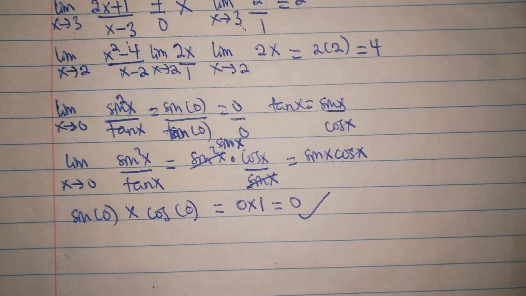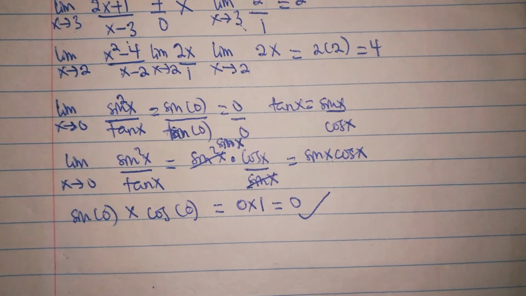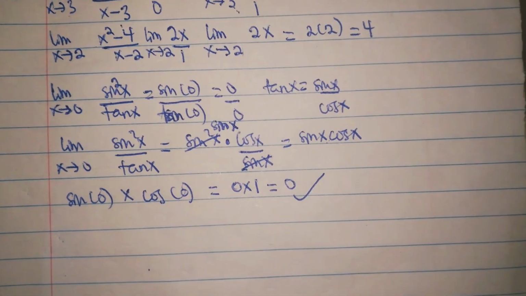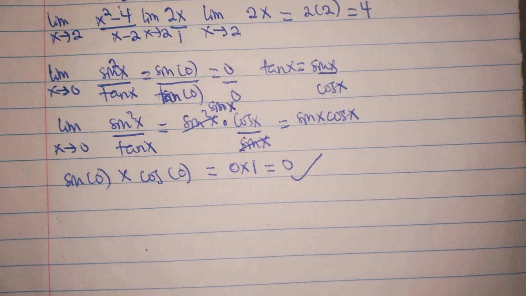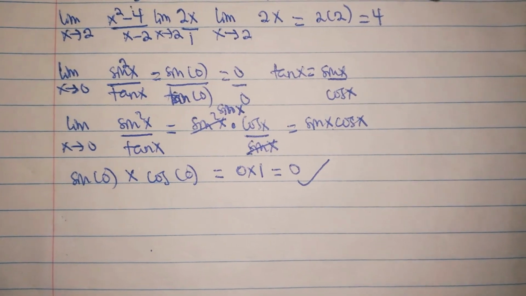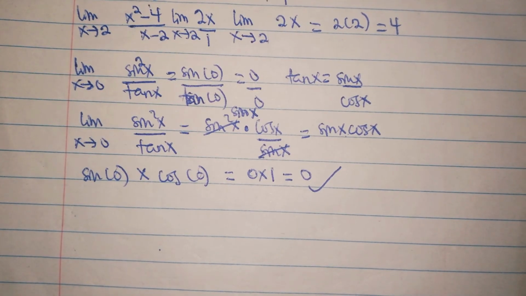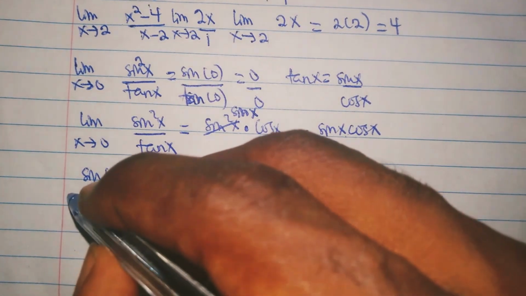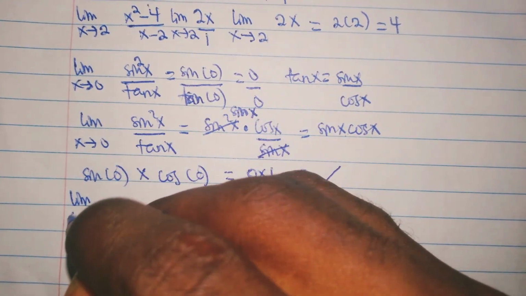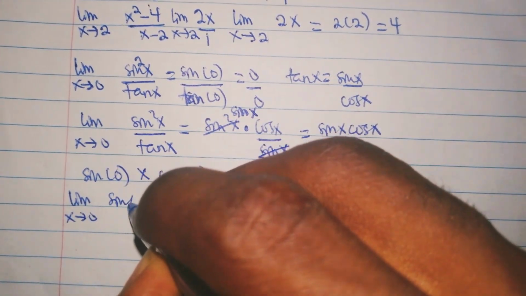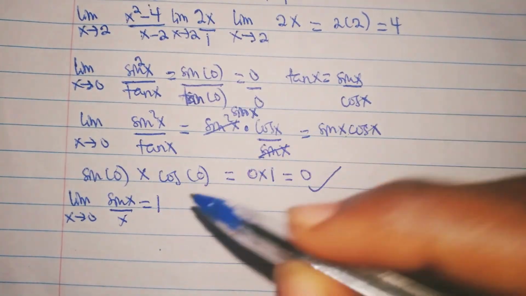So as I said earlier on, we are going to prove some basic things you have to know under limits. Let's start off with why the limit as x approaches 0 of sine x over x equals 1.